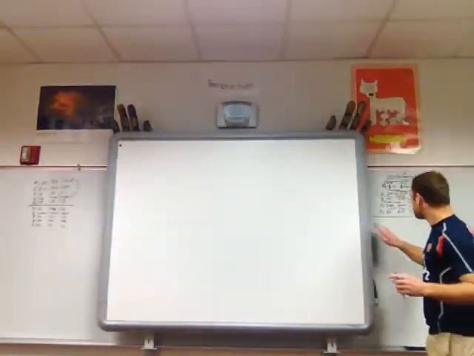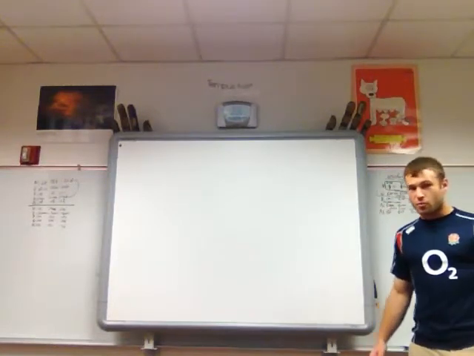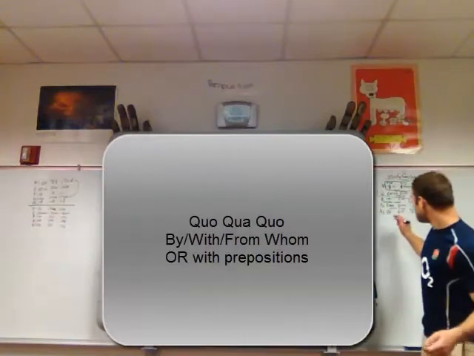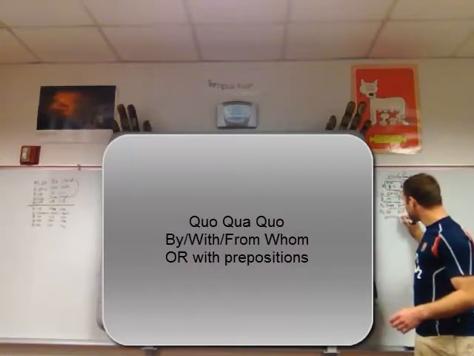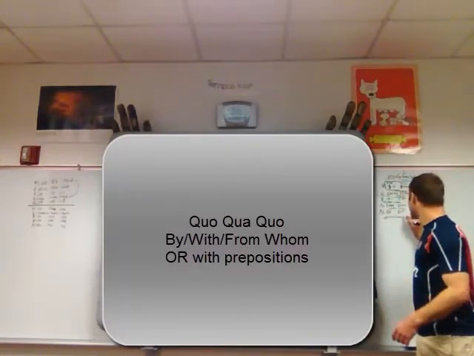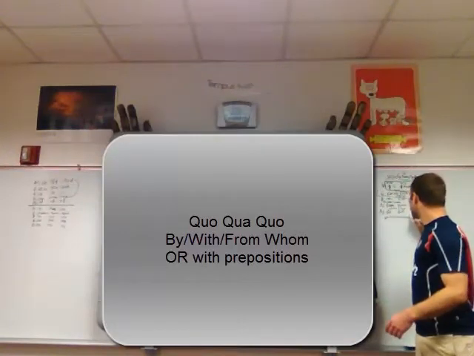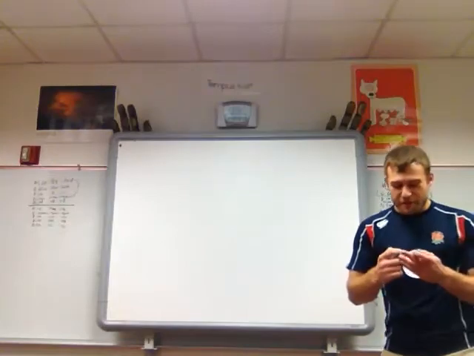So you also have to be careful for the ablative. Because the ablative, quo, qua, quo, when we see ablative, maybe think by, with, or from. And in this case, whom or which. But if the ablative is the object of a preposition, it'll be whatever the preposition is, ablative.